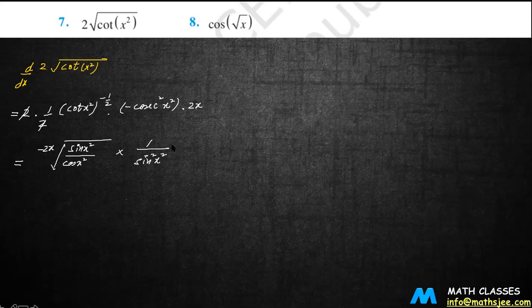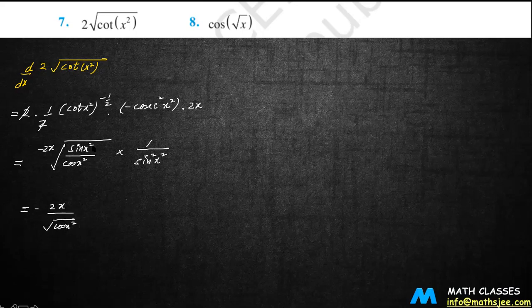So it depends upon how you simplify and to what extent you simplify this. Because you know that this is power half, and if you try to understand this, you can take under root this and sine raised to the power this together. So you will be having minus 2x upon under root cos of x square, right?